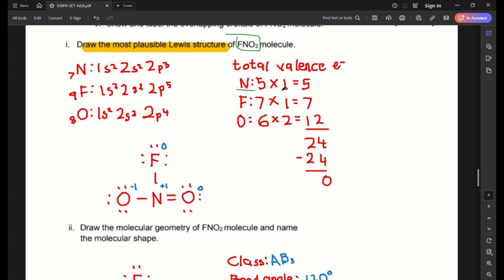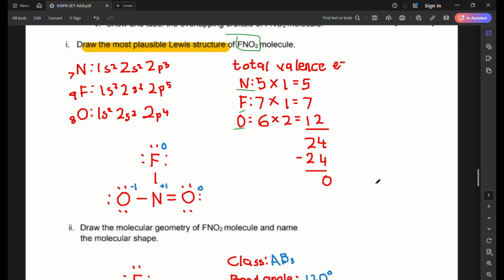Next, for F, there's 1 in the molecule, and fluorine has 7 valence electrons, so 7 times 1 is 7. And O has 6 valence electrons, and the molecule has 2 atoms, so 6 times 2 is 12. So 5 plus 7 plus 12 is 24.